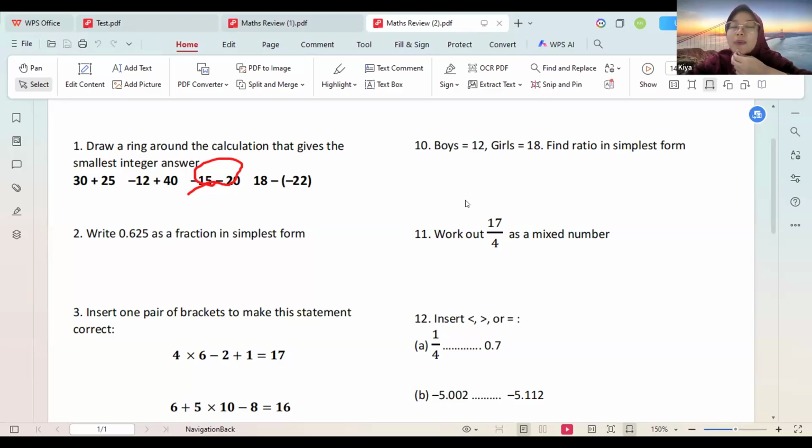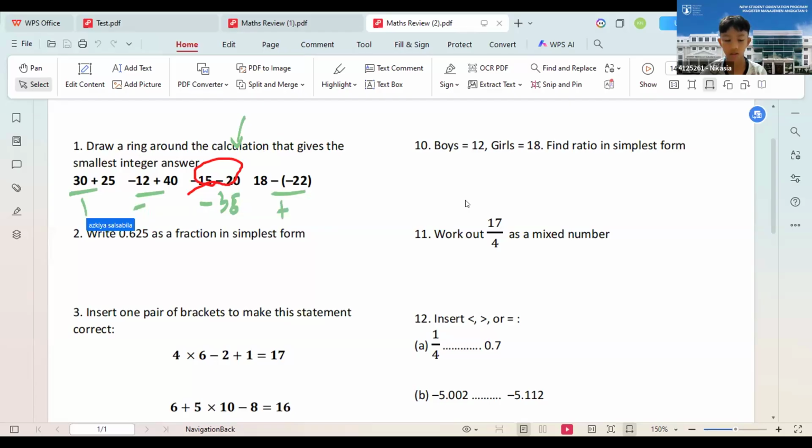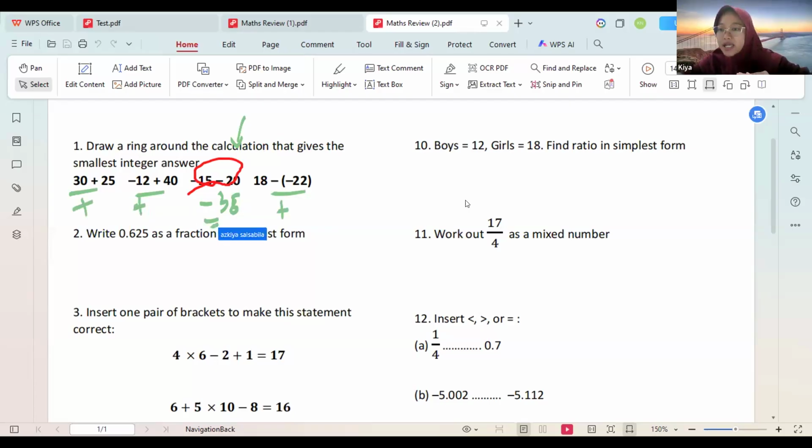But the answer is correct. Because 15 plus negative 20 is negative 35. So negative 35, and the other is plus. If plus meets negative, the smallest one is the negative number.